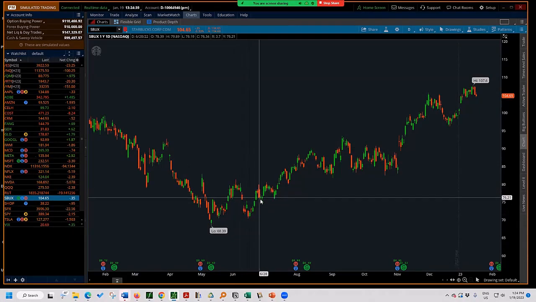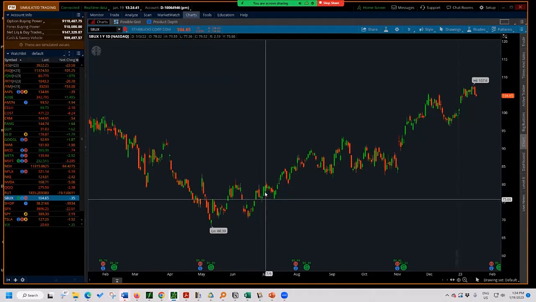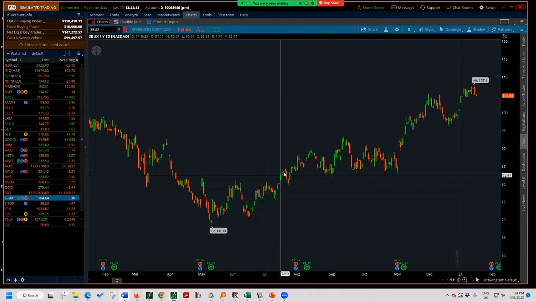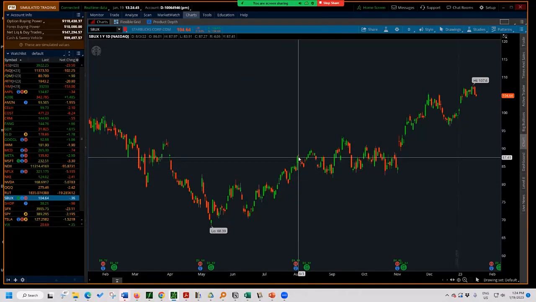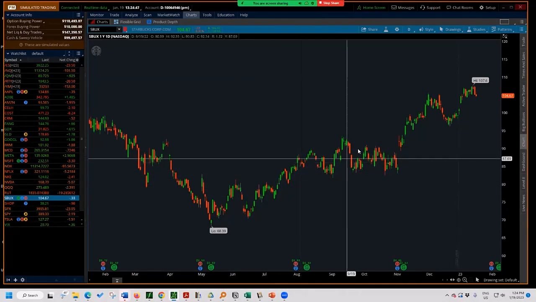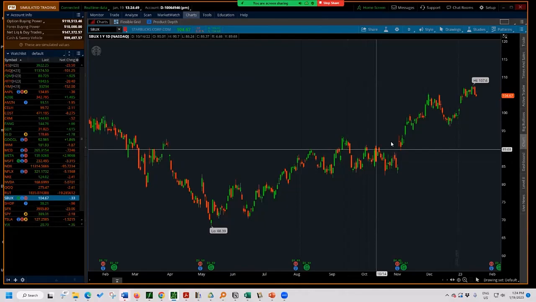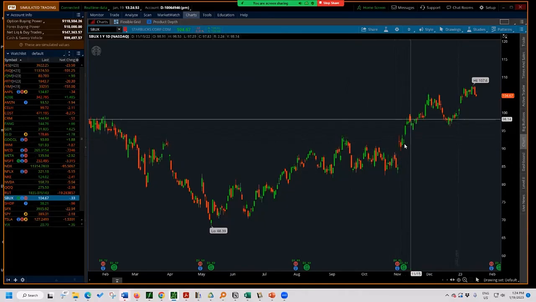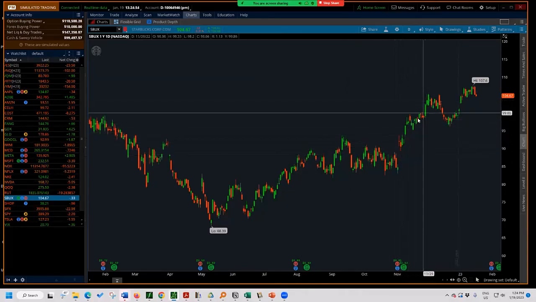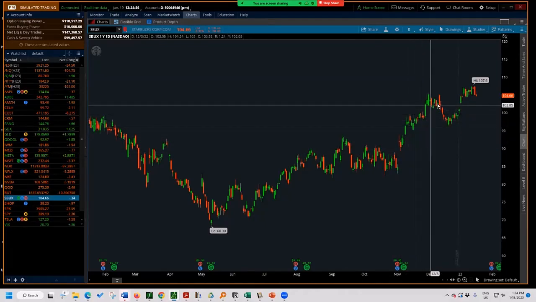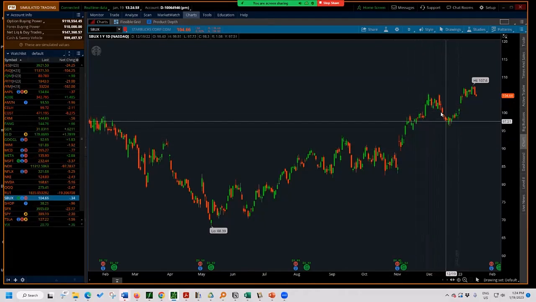Over here, it didn't make me too much money, but it still worked out. Same thing here, same thing here, same thing here. And here, and here, and here. Even though this is an uptrend, I still would have made money on short trades or buying puts.